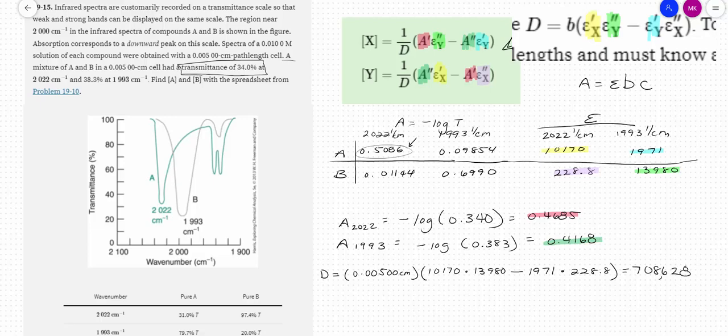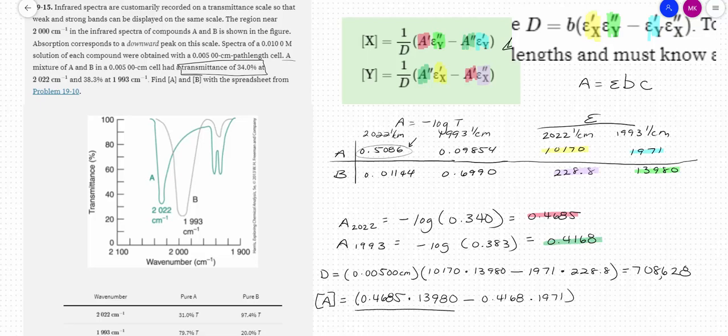We can keep that. So now I can calculate the concentration of my X, which is A. So the concentration of A in this case is going to be, I need my pink number, 0.4685, times my light green number, 13980, minus my dark green number, 0.4168, times my blue number, 1971.